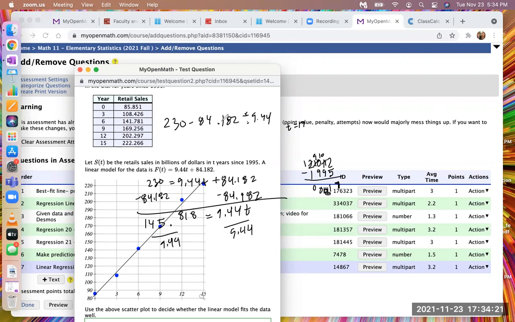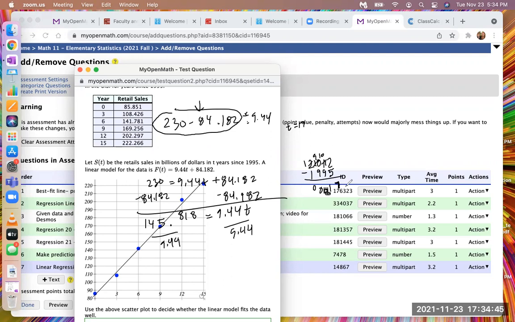Because I didn't press equals, but it's confusing because I thought I pressed equals because it's showing me the answer already. So just be aware of that. So I would do this calculation, and just to make sure that it's doing that first, you press equals, then press divide by 9.44.